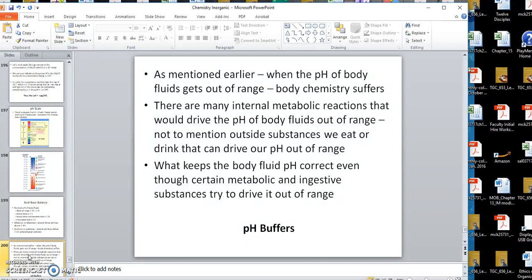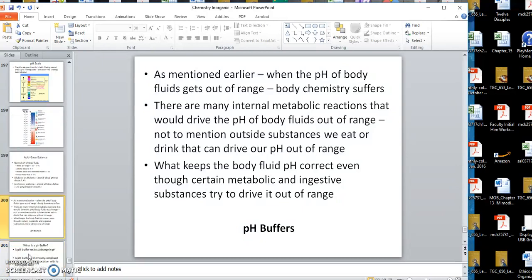The two organs most indelibly tied to the control of your acid-base balance are your lungs and your kidneys, another subject for ANP2. So the lungs and the kidneys are the two organs that control blood pH along with the buffers. So lungs, kidneys, and buffers are the three primary entities that assist in this.